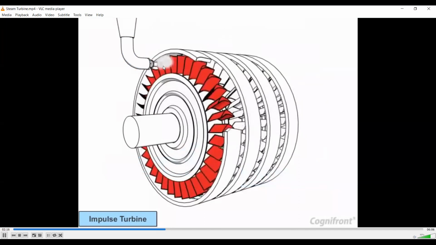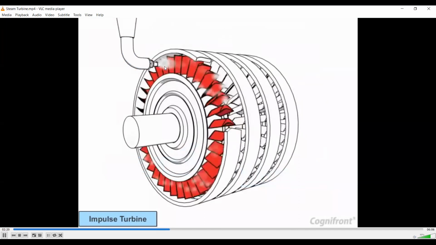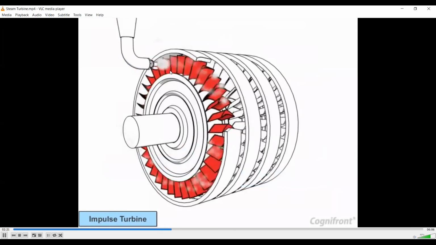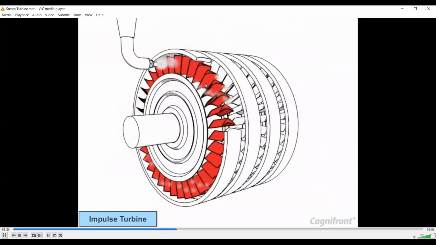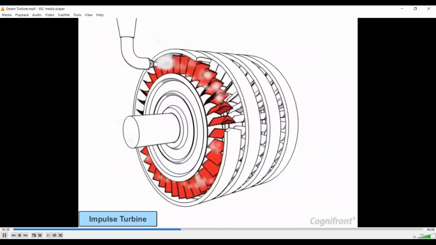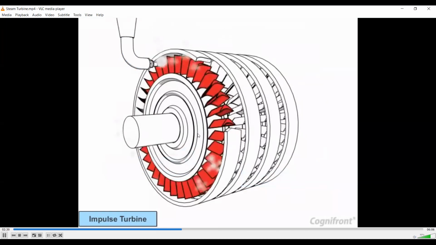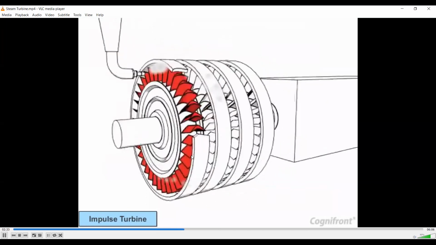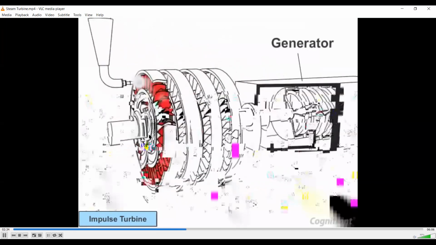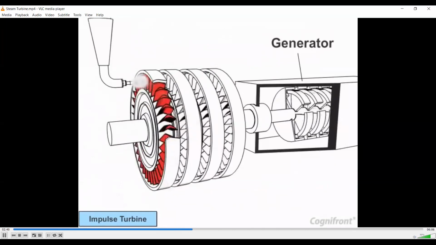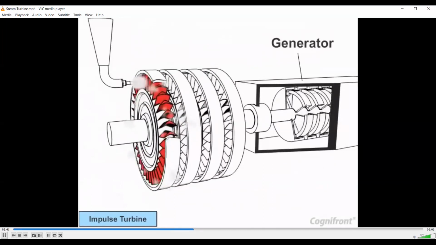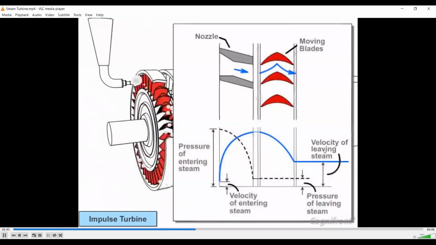And see here, when this jet of steam flows onto the blades, it tends to rotate these blades, and with this the shaft and turbine runner rotate. As this common shaft is also connected to the generator, the generator also starts rotating and generates electricity.